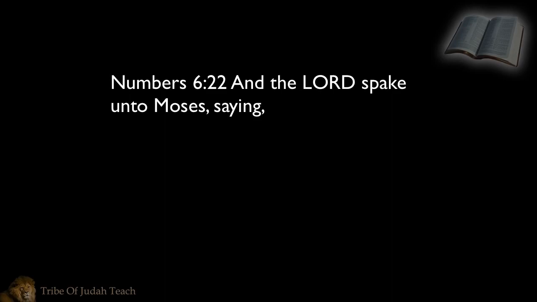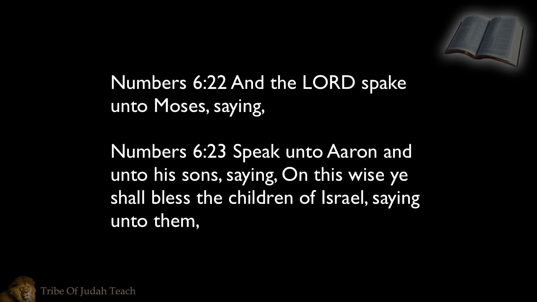Numbers 6:22, it says, "And the Lord spake unto Moses, saying, Speak unto Aaron and unto his sons, saying, On this wise ye shall bless the children of Israel, saying unto them." So, this is the blessing that the Most High told the priests to say over the Israelites.